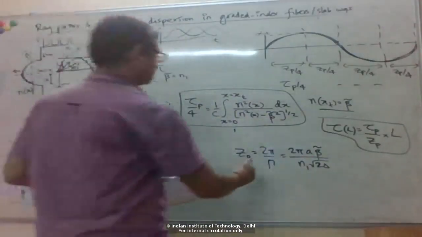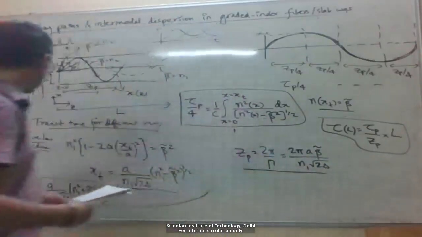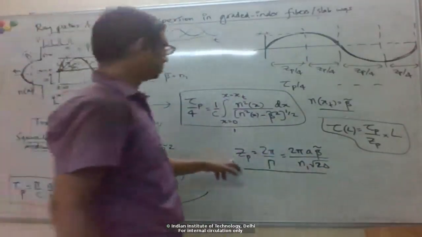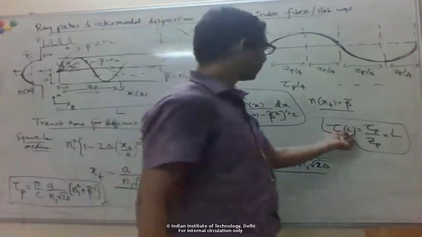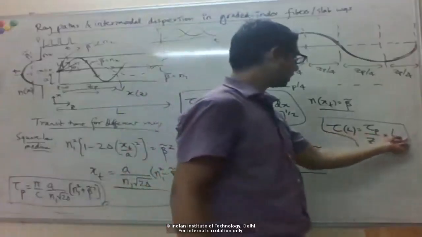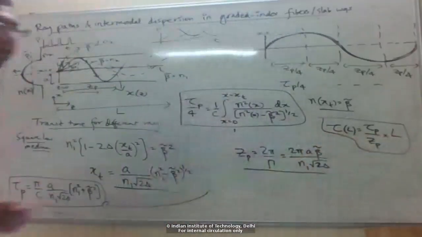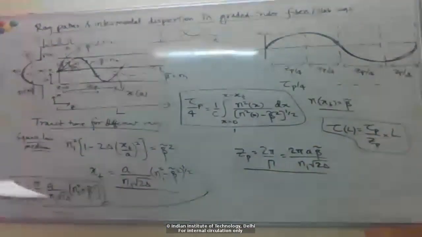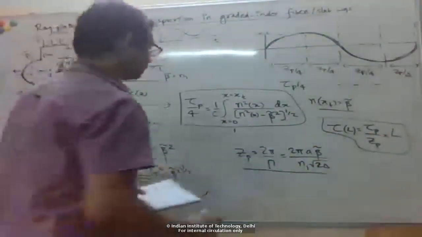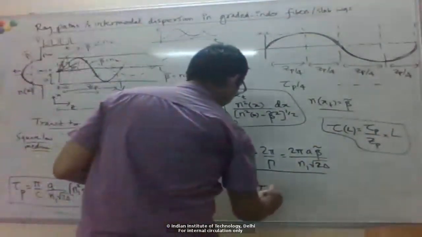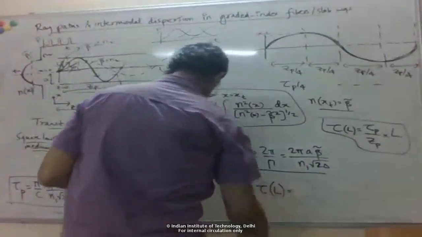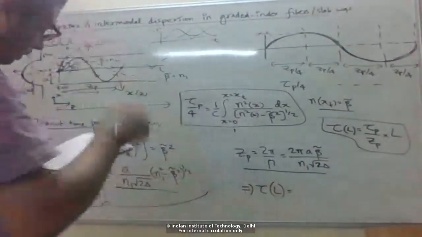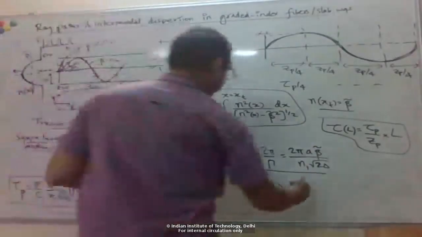Right, so now using these expressions for tau p and zp, we can get the transit time for a total length L in terms of the medium parameters. If we just put these expressions, you get this.